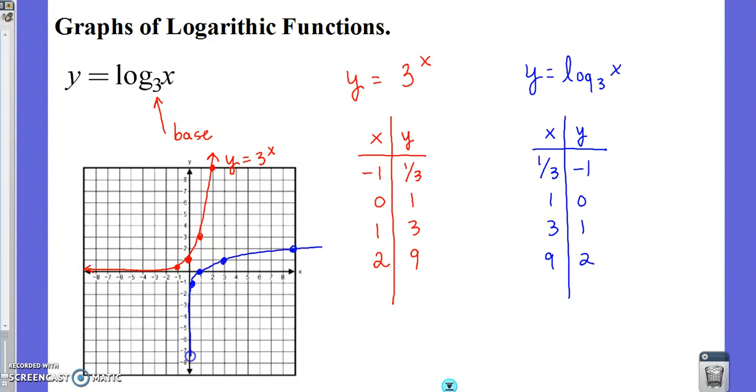You'll see that it hugs the y-axis, it is not supposed to touch it. I got a little bit close to it. And if you compare, that is a reflection along the diagonal line y equals x. So this is the graph of y equals log base 3 of x.